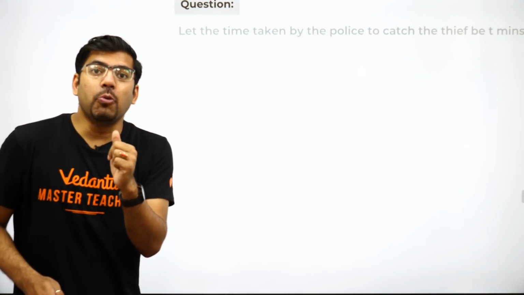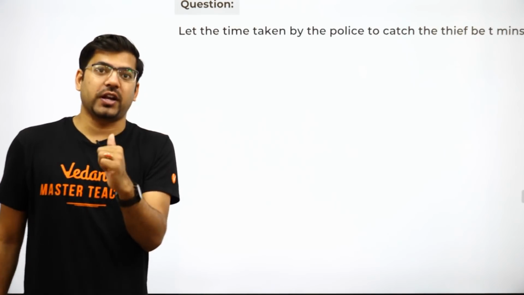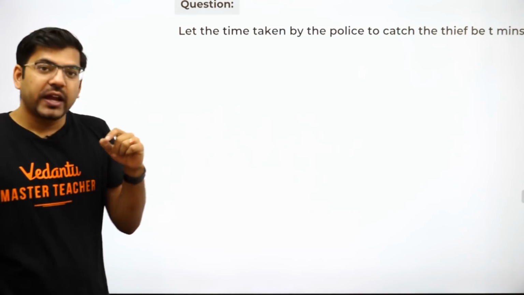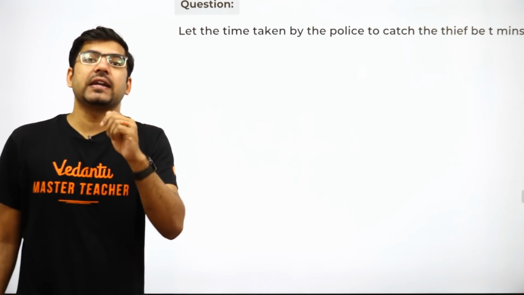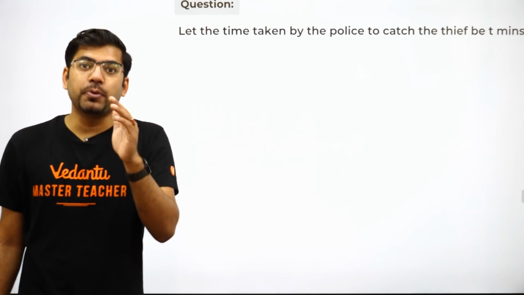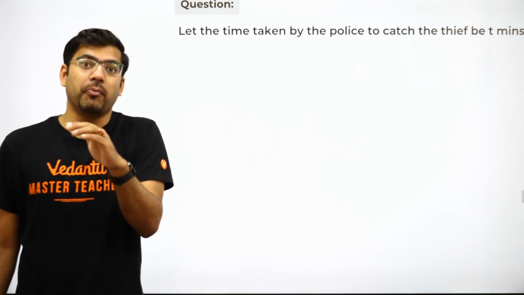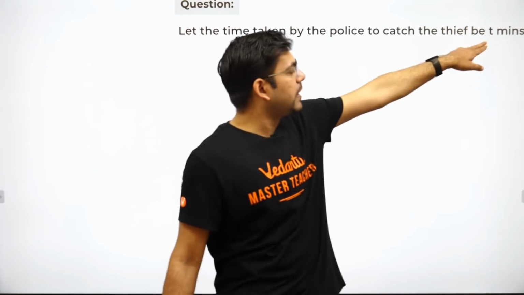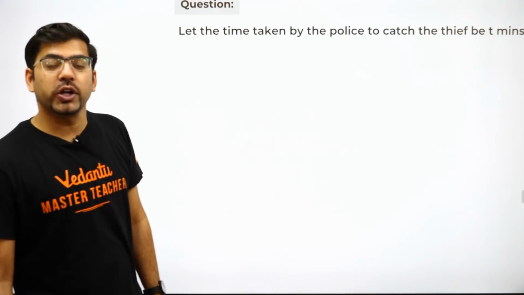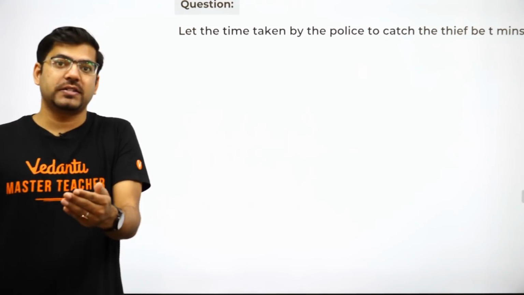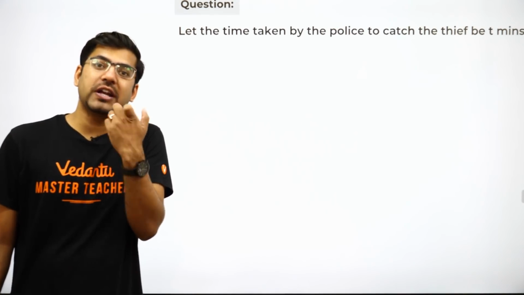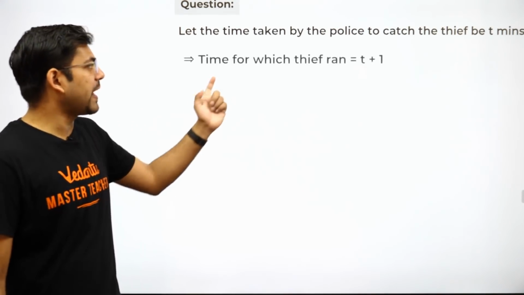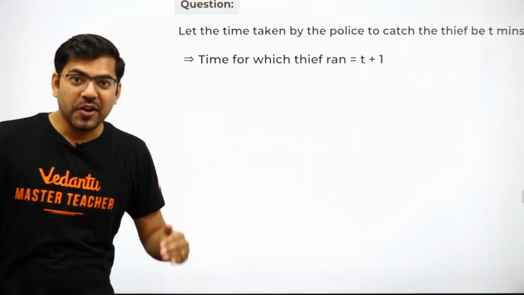Then how much time will the thief get for running? Now pay attention here. It was said that the policeman started running after 1 minute. This means the thief ran for 1 minute more than the policeman. So if the police is taking t minutes, then surely the thief is going to run for t plus 1 minutes.